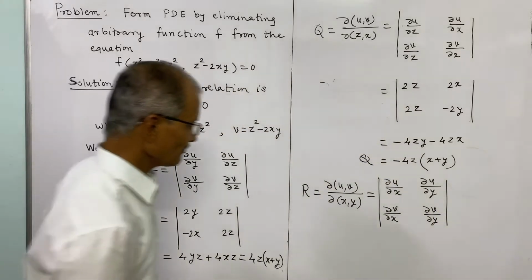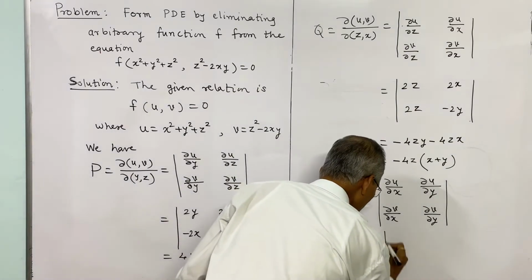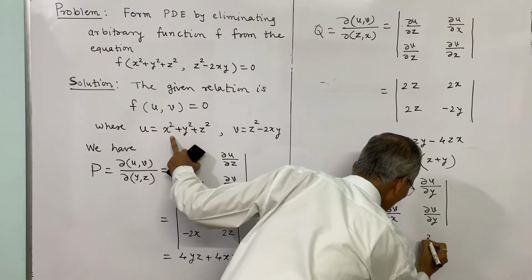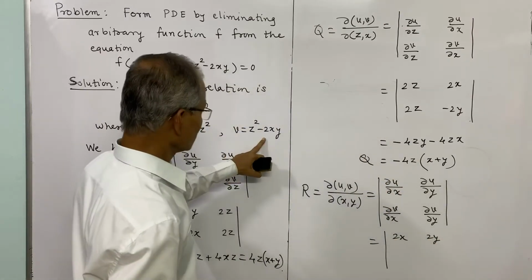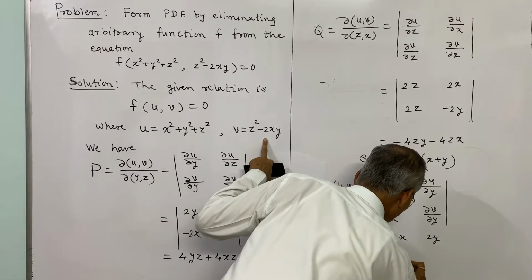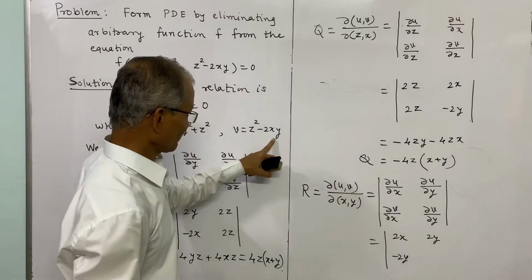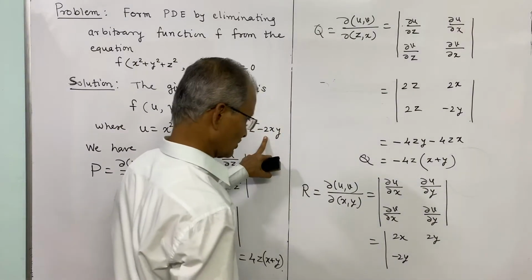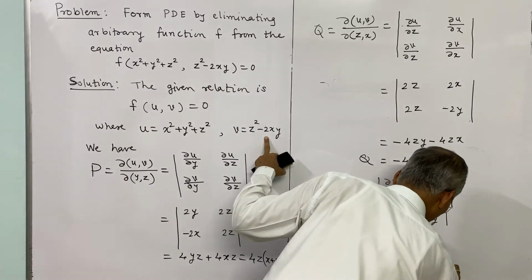Now we may see this is the determinant. It is 2x, 2y, and this is minus 2y, the partial derivative of v with respect to x, and last is the minus 2x term here.